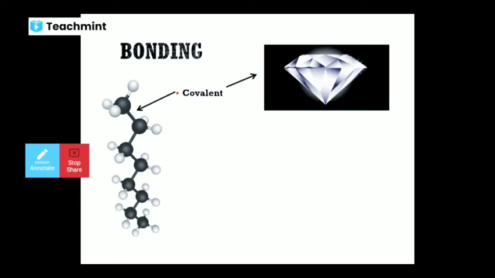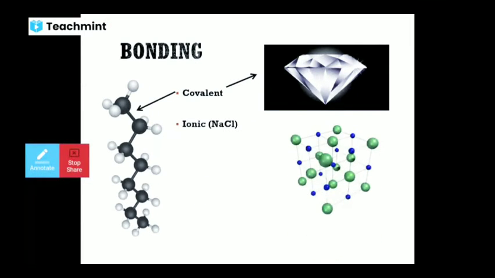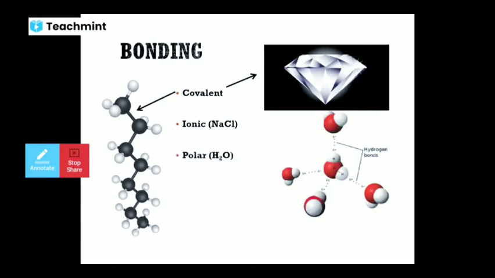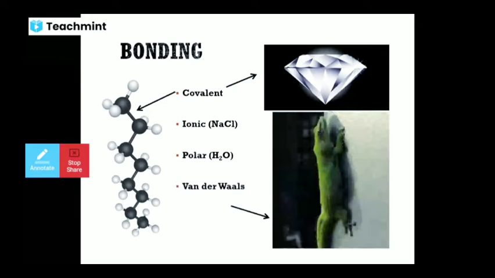Covalent bonding can be seen in diamond. Ionic bonding is seen in NaCl. Polar bonding is seen in water. Van der Waals force is seen in lizards.